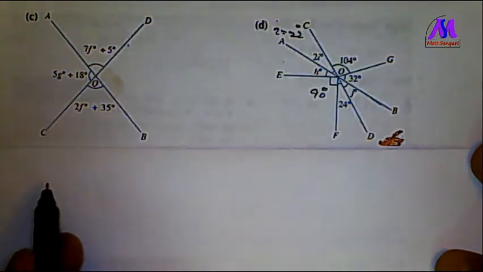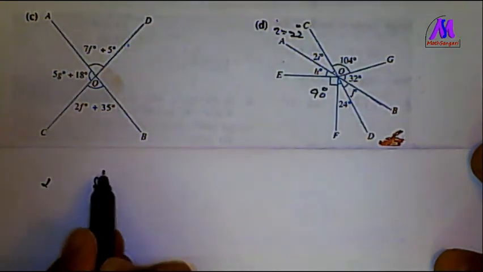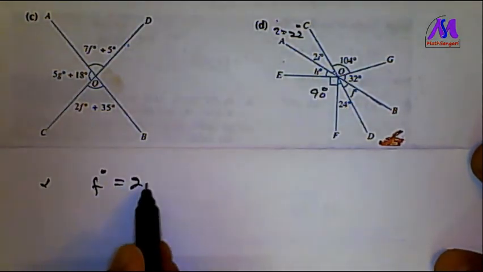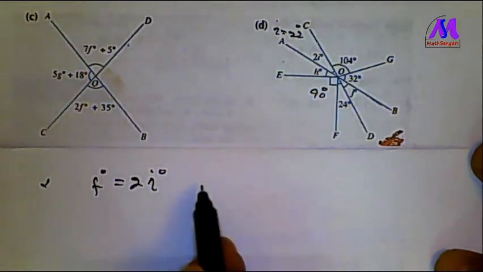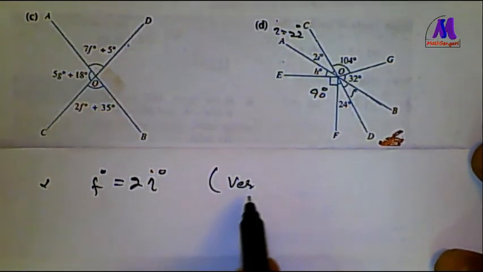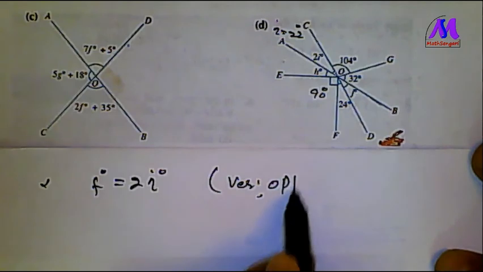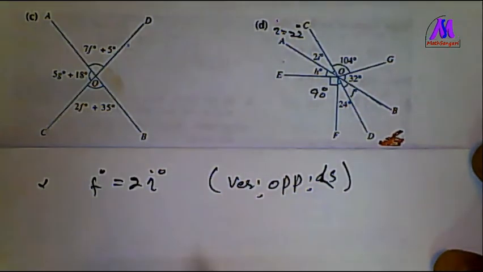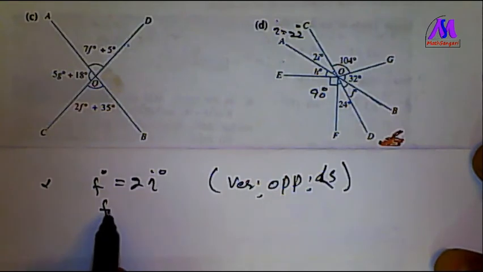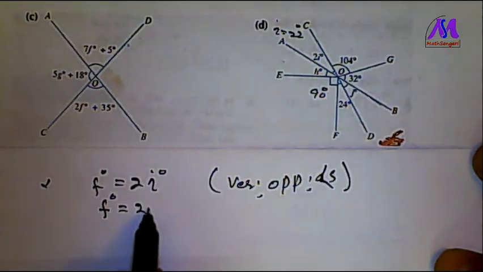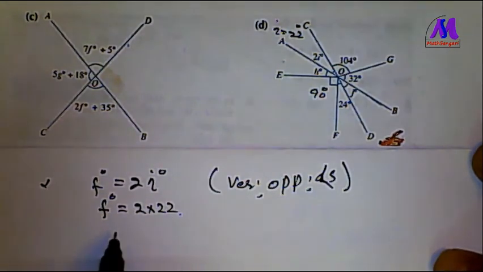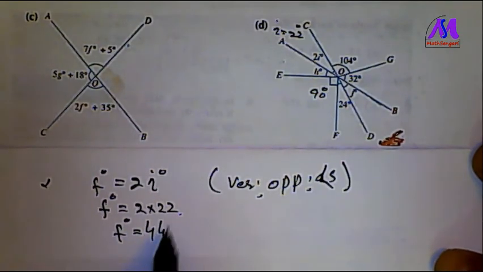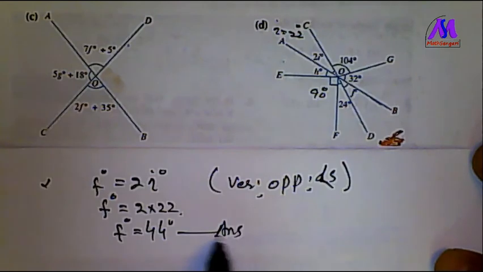So therefore f degree will be equal to 2i degree, because they are vertical opposite angles. So put the value of i, which is 22. So f degree will be equal to 44 degree, and that will be the answer.